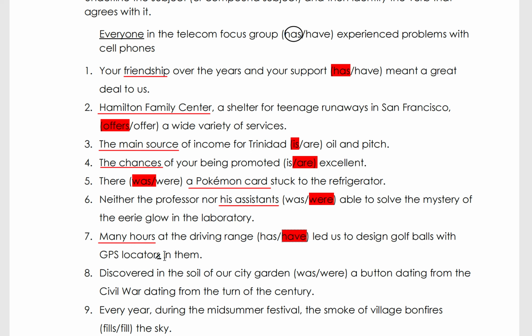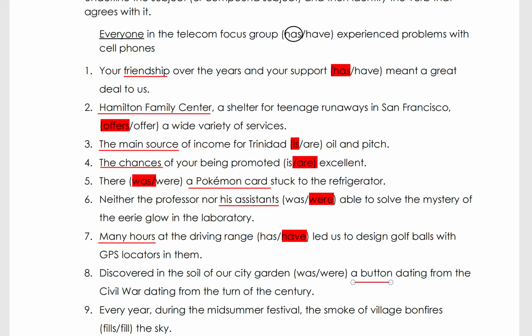Number 8, discovered in the soil of our city garden was or were a button dating from the Civil War, dating from the turn of the century. Even though the question looks longer, you don't have to be confused. With a question like this, you know that the subject is after the verb. Here the subject is "a button," which is basically singular.